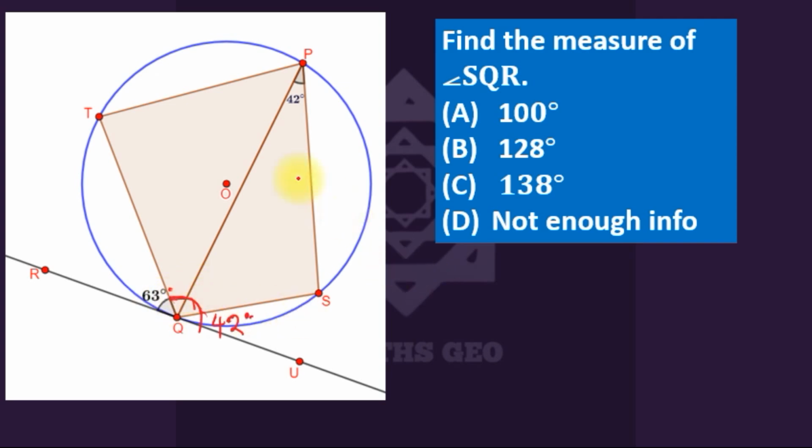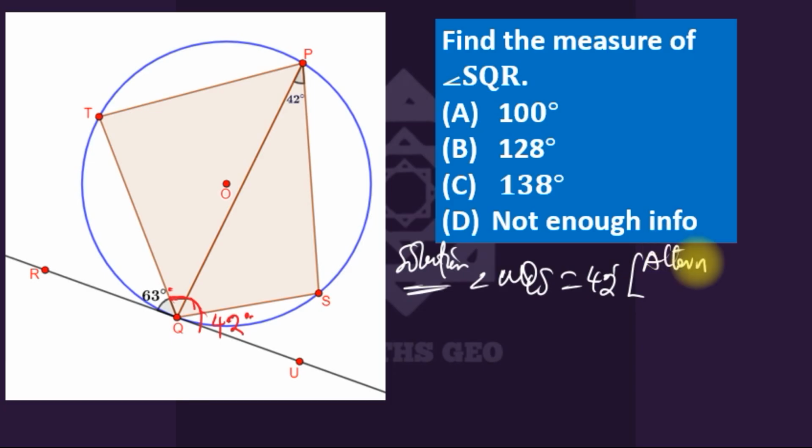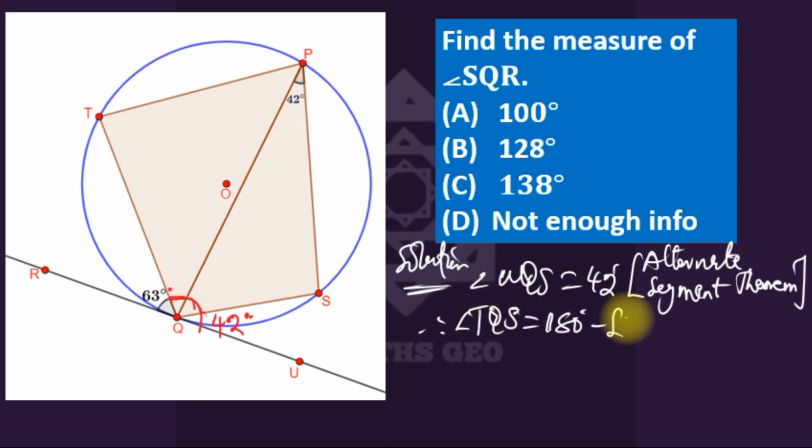So from here, we see that angle UQS is 42 degrees. Why? Alternate segment theorem. Therefore, we see that angle TQX will now be 180 minus the sum of 63 and 42.